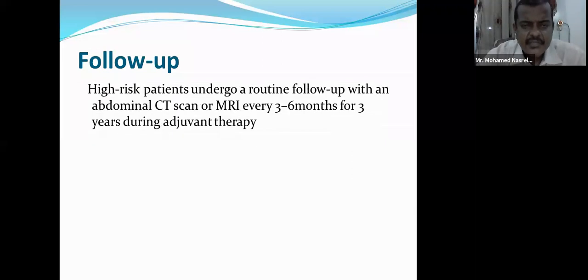High-risk patients undergo routine follow-up with an abdominal CT scan or MRI every 3 to 6 months for 3 years during adjuvant therapy. During the adjuvant therapy, which is given for 3 years, you have to do a CT scan every 3 to 6 months for 3 years.